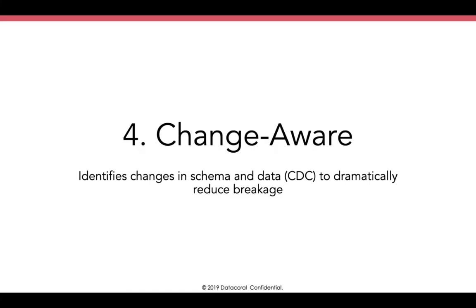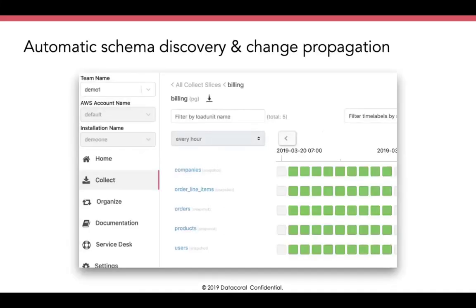And this ultimately, I think, allows us to prevent a lot of pipeline breakage that is usually the most popular culprit for what happened to, how come this report didn't run correctly? How come the data warehouse is down today? And of course, it always happens on Monday morning, right? This change awareness is a really big deal for what we're doing here.